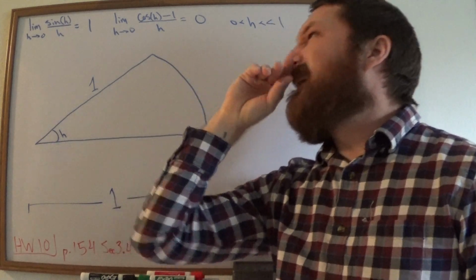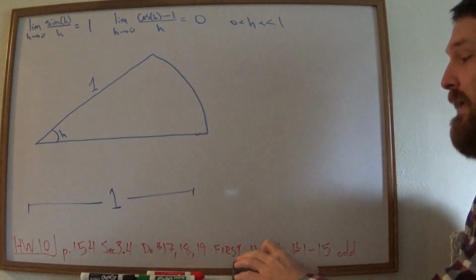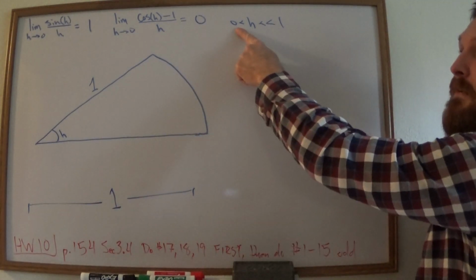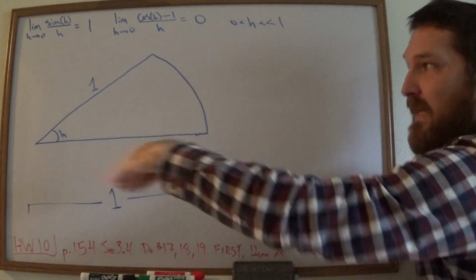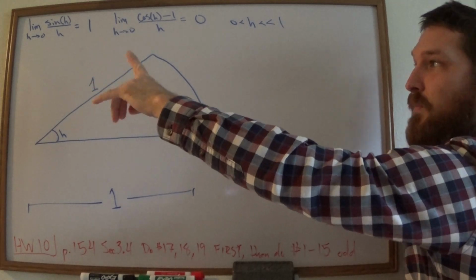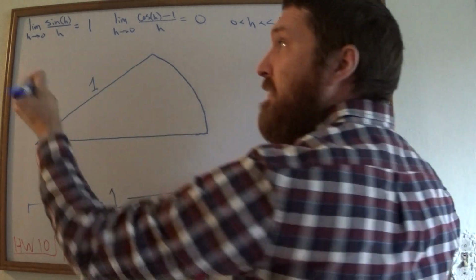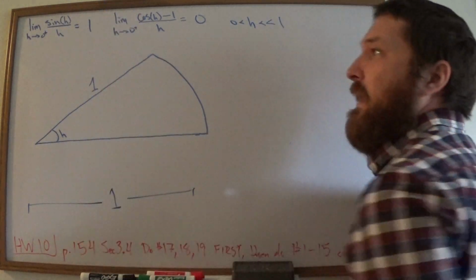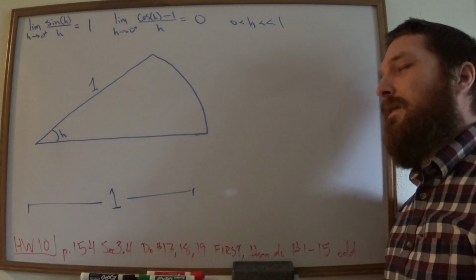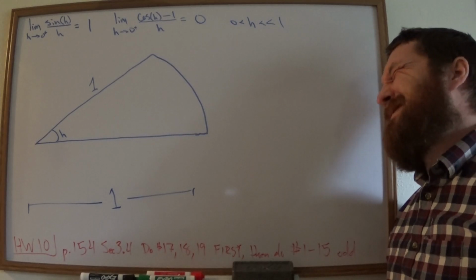Now, I'm just going to say right away, we're only going to do the positive case here. We could spend another 30 minutes doing the negative case. So what we're going to prove is the right-hand limit here. And then I'm going to make a really hand-wavy argument to say it works when h is negative.